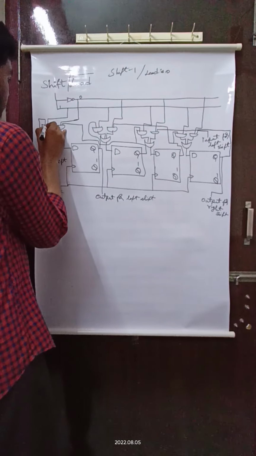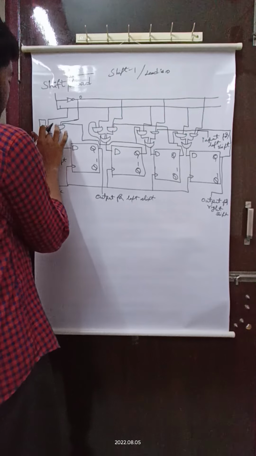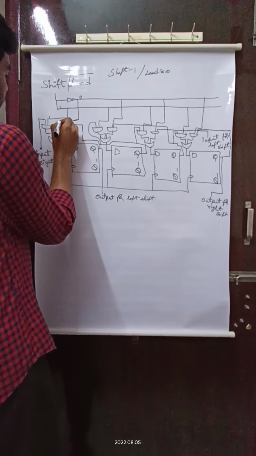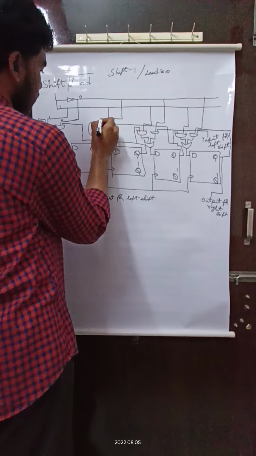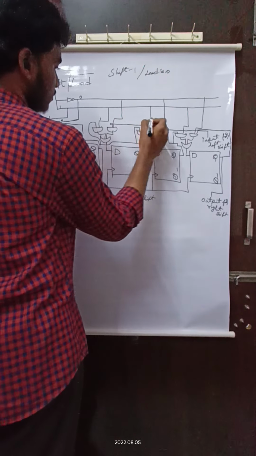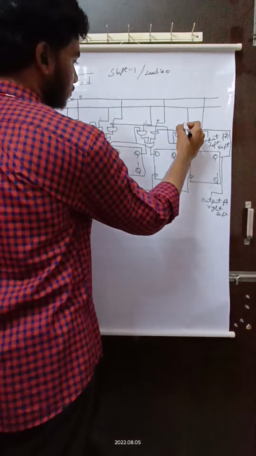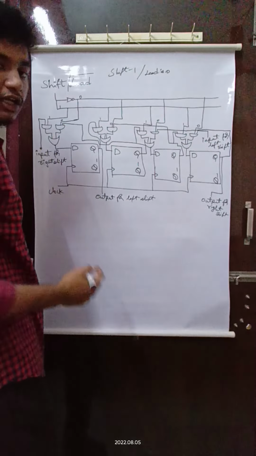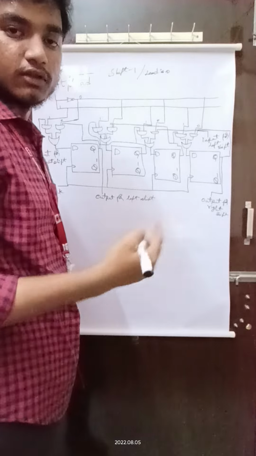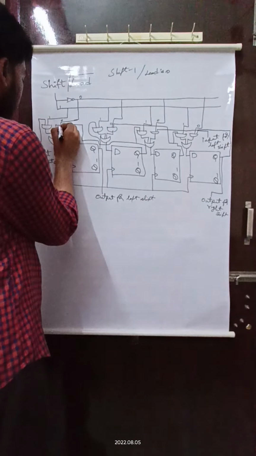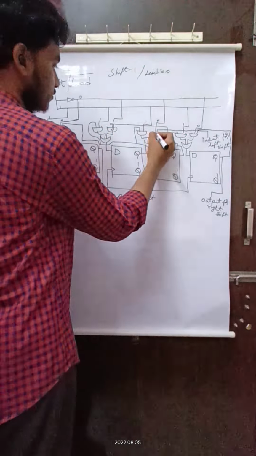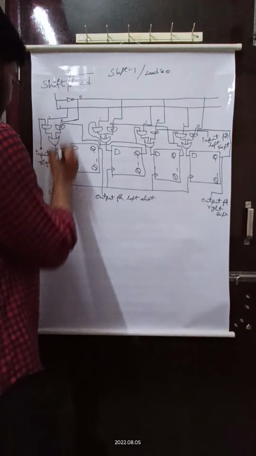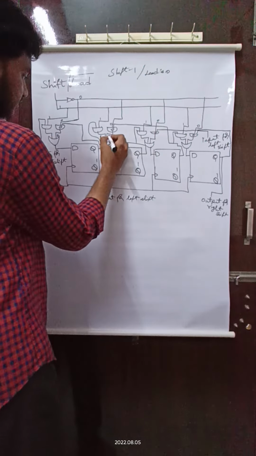So one of the inputs of the AND gate is 1 and the other AND gate input is 0. 1, 0, 1, 0, 1, 0. Whenever one input of an AND gate is 0, the total output is 0. 0, 0, 0, 0. So here the output is 0.